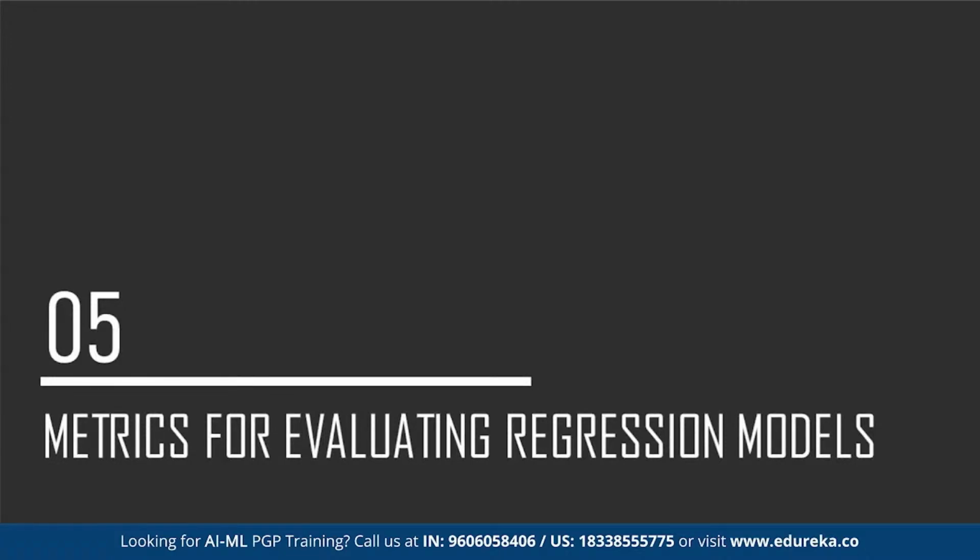Moving further, when we talk about machine learning, I'm supposed to talk about the different types: supervised learning, unsupervised learning, and finally reinforcement learning. Coming to supervised learning, it also has a lot of limitations.